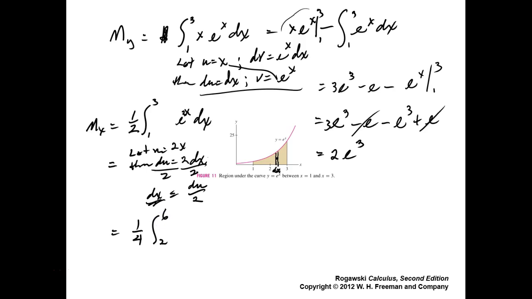And what do you have there? E to the u du, because we already took out the 1/2 in front. Okay, I think we can handle that.